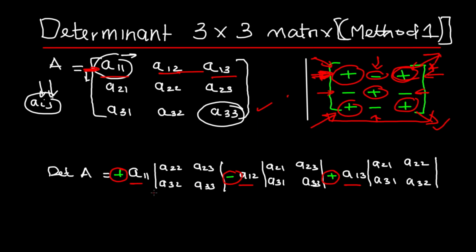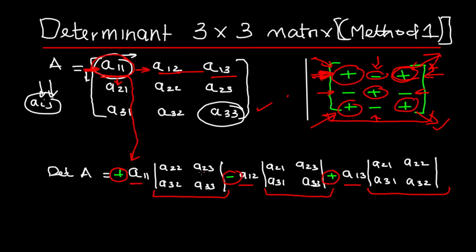Now the supporting cast has to be these ones here. How do you obtain them? You obtain them by removing. Whenever you select this, so I've selected a11 to be used here, then I have to ignore its row and I have to ignore its column.